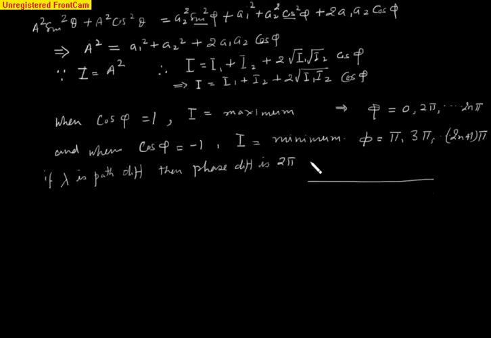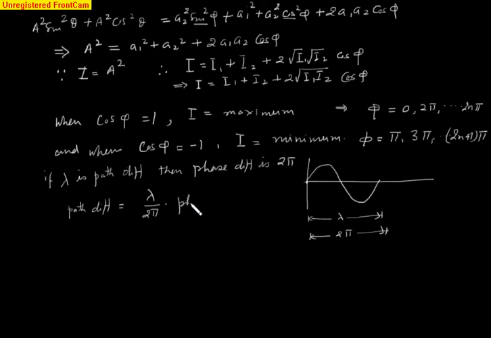For example, in this wave, if we draw a wave like this, then from here to here we have a full wavelength, and the phase difference from this point to this point is 2 pi. So the relation between phase difference and path difference is that path difference is simply lambda over 2 pi times phase difference.